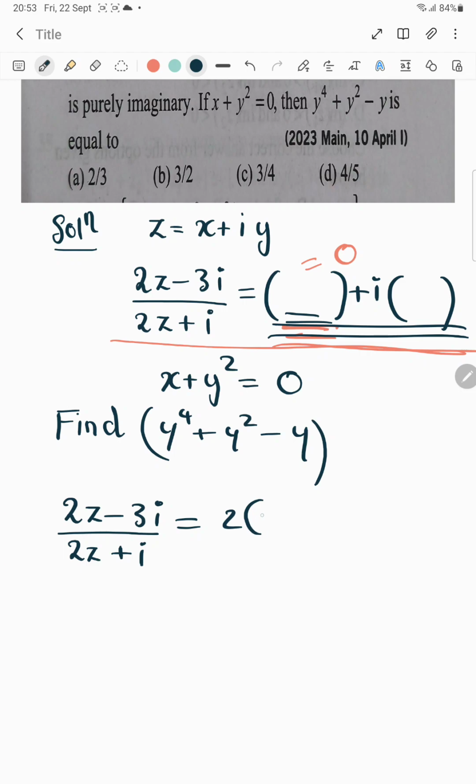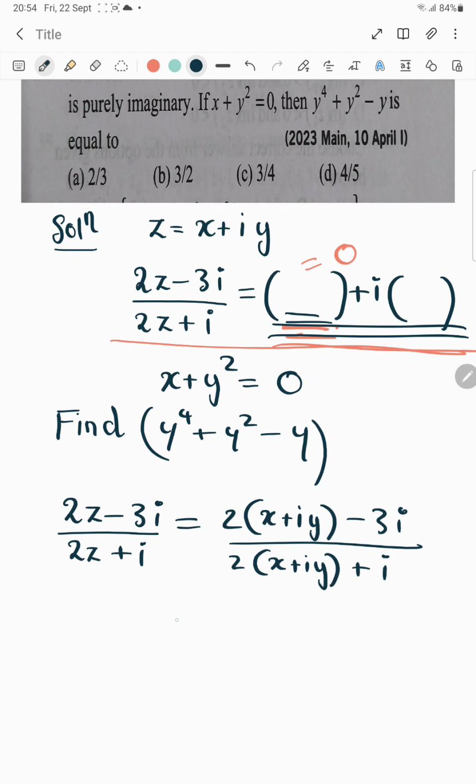So for that the z is written as x plus iy, minus 3i, upon 2 times x plus iy plus i. Before dividing them, we would have to write both the numerator and denominator in the form something plus i something.